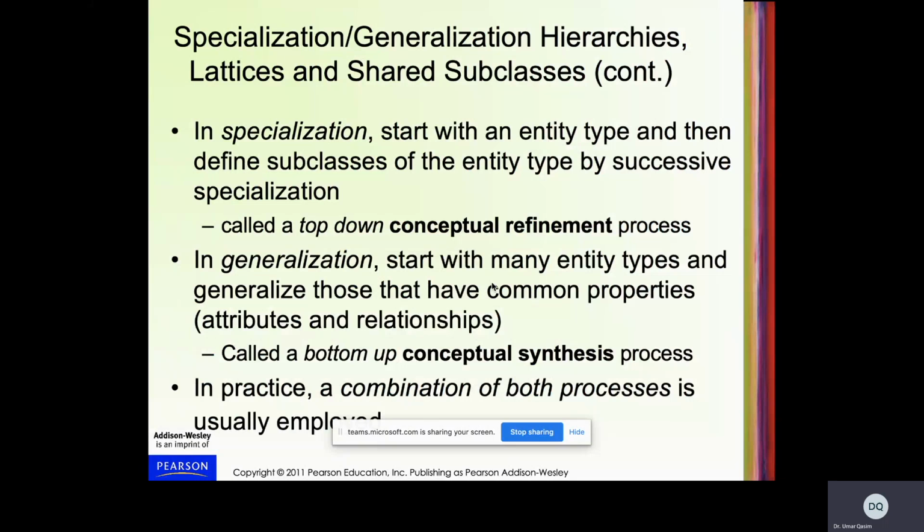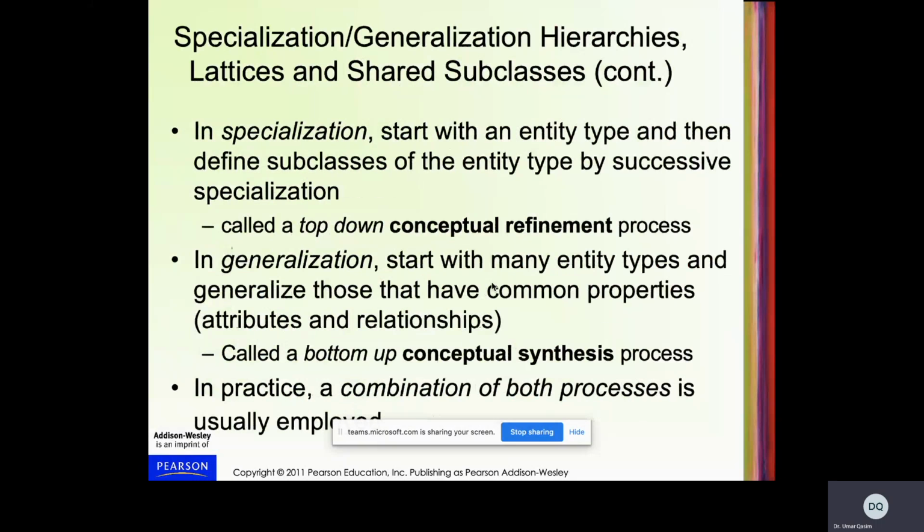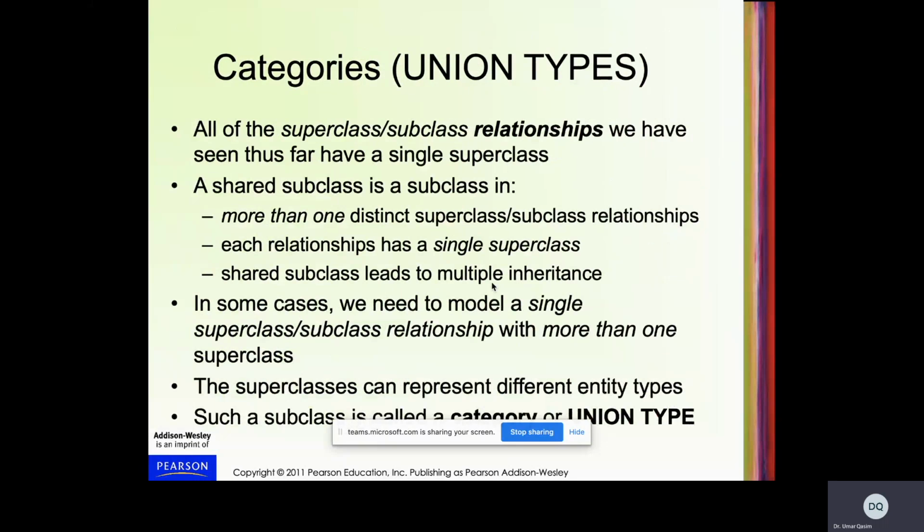So let's look at union types. There is some other material that you can cover, but these are the basic concepts of enhanced entity modeling. Now, union type: so far, in all the subclass and superclass relationships that we have seen, there is a single superclass.